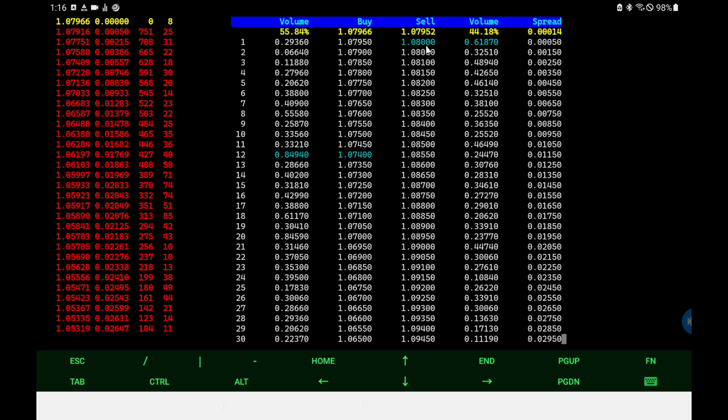And you can see now just where we sit with this price, how the market is dynamically changing. And how this plays out.